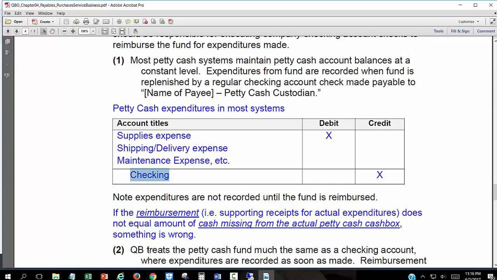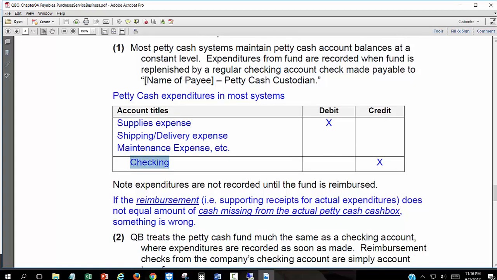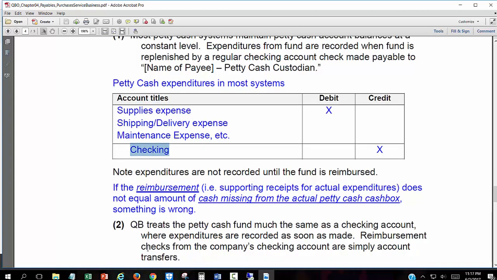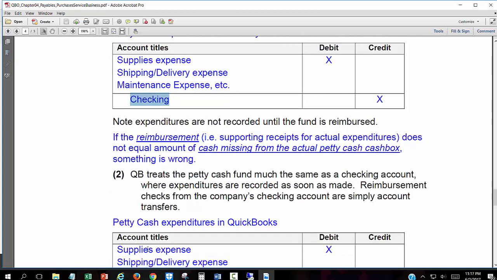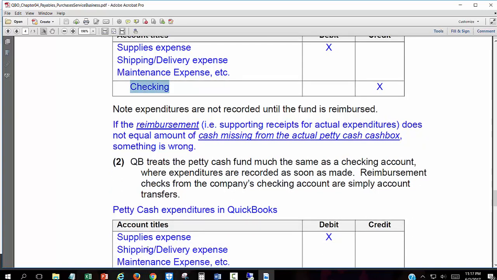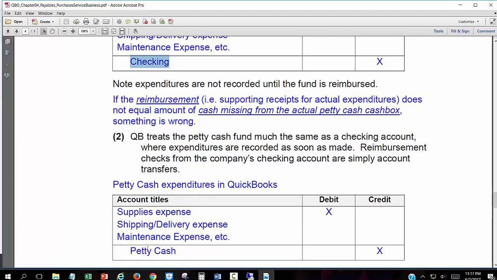Now QuickBooks treats the petty cash fund differently than the traditional type. It treats it pretty much the same as a checking account. Reimbursement checks from the company's checking account are really just transfers back into that account to bring it back up. So with this same petty cash expenditure showing up top here, when done in QuickBooks, the credit will be to petty cash, not to checking.